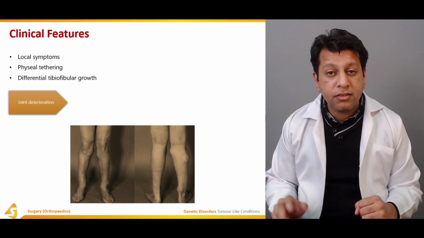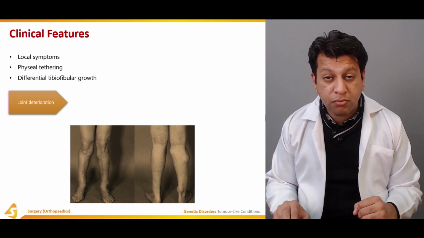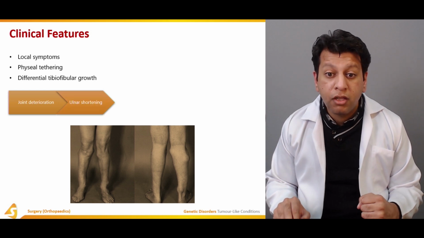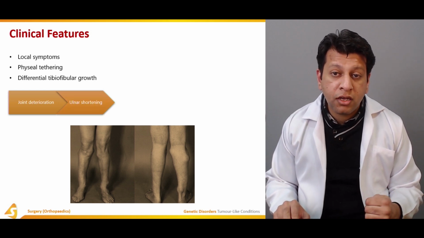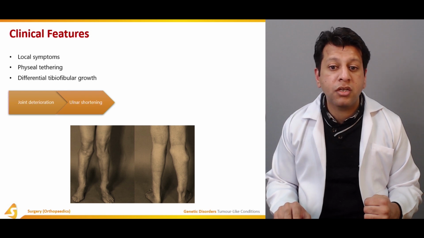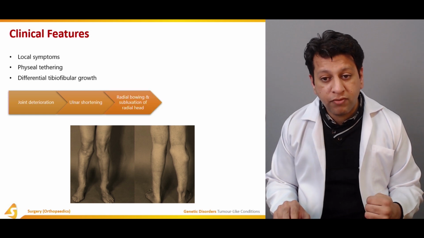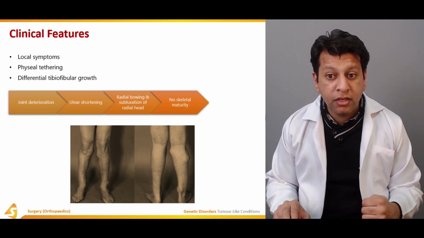As they're usually present on the metaphysis, they are periarticular, and they may present with joint deterioration. If multiple exostoses are present in the radius and ulna, they can present with ulnar shortening, radial deviation and subluxation of the radial head.